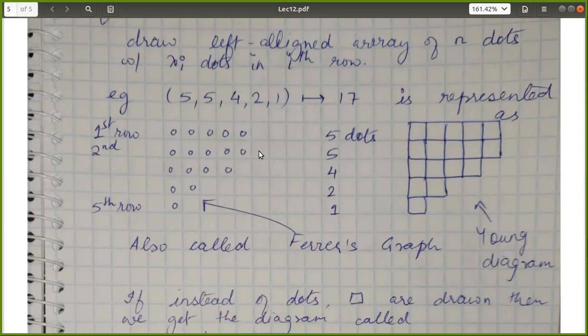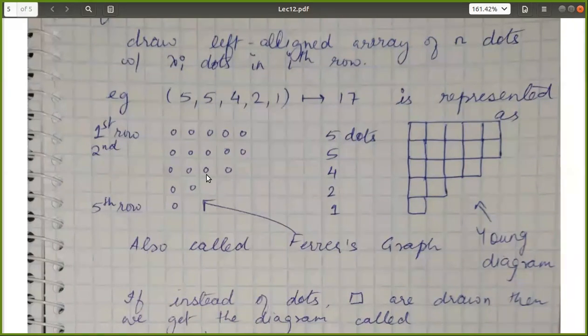And since Glenn already has pointed out that it has exactly n dots, whether you counted this way or you counted this way or you found any other funny way to count it, the number remains n, which means the new lambda prime which you have got is also a partition of n.